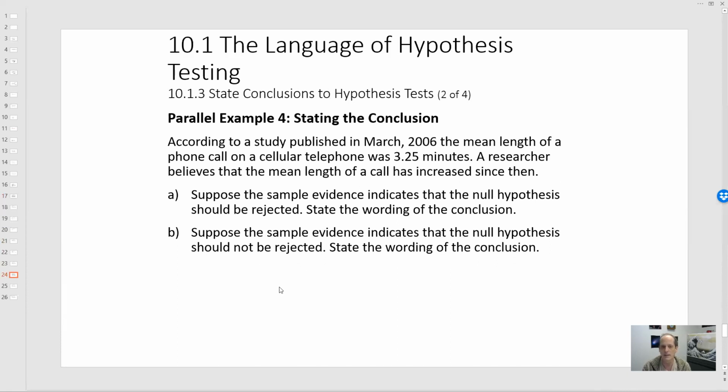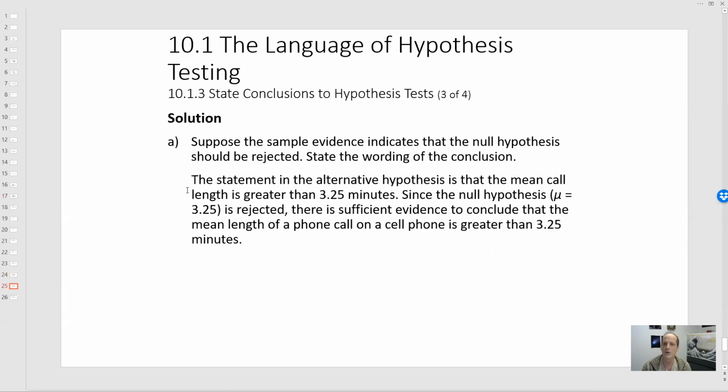Remember, we're wording it this way so that when we pass it on to our colleagues, they've got the formalized conclusion and there's no ambiguity about what happened. So we're going to say that the null hypothesis is rejected. We would say there is sufficient evidence to conclude that the mean length of the phone call on a cell phone is greater than 3.25 minutes.